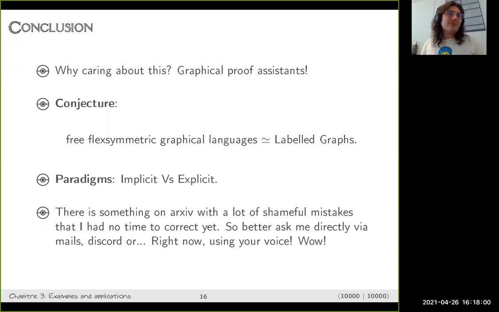And in general, if your prop is too free, for example, just take any prop and add one generator with no other equation, then you will not have FLEXSYMMETRY. So for most props, I'm quite sure, it's not possible to find a FLEXSYMMETRIC axiomatization. What happened is that we were very lucky: the props we usually work with, like linear relations or matrices, vector spaces, seem to be very well behaved with respect to this property, and it's possible to find a FLEXSYMMETRIC axiomatization.